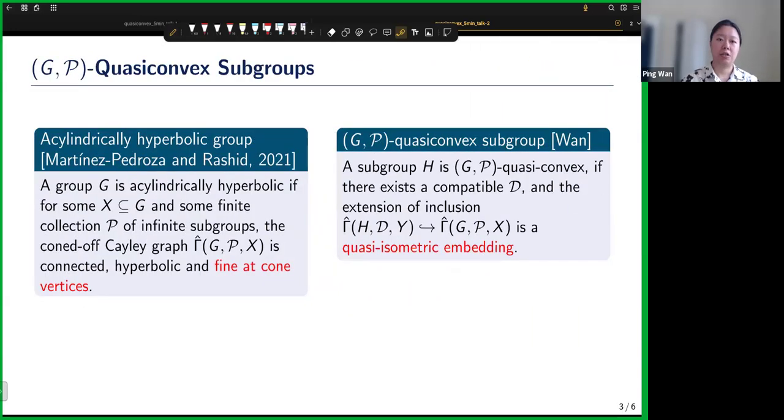Now, my research is to give a notion of quasi-convex subgroups inside an acylindrically hyperbolic group. And naturally, I'd like to use the quasi-isometric embedding.